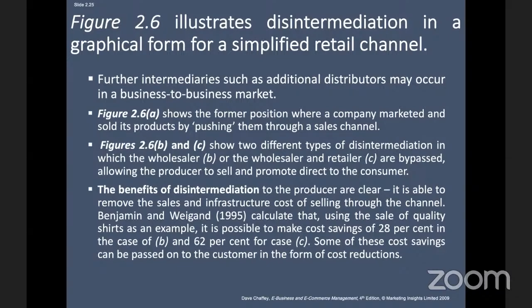The benefits of disintermediation to the producer are clear. It is able to remove the sales and infrastructure cost of selling through the channel. Benjamin and Wigand in 1995 calculate that, using the sale of quality shirts as an example, it is possible to make cost savings of 28% in the case of B and 62% for case C. So it's a bit of a margin that can be minimized by eliminating third parties.